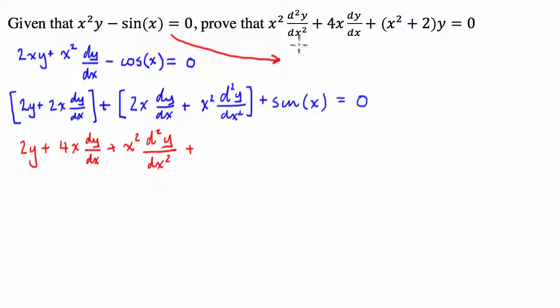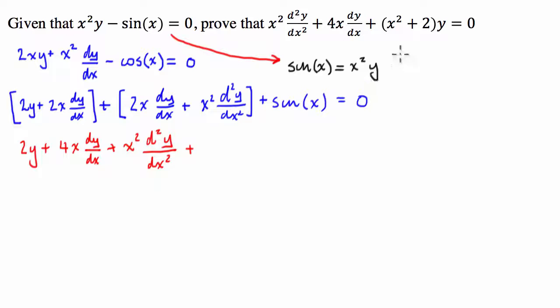What we can do is, we know if we took the sine x over to the other side, we could say that sine of x is equal to x squared y, by just doing a little bit of simple algebra.